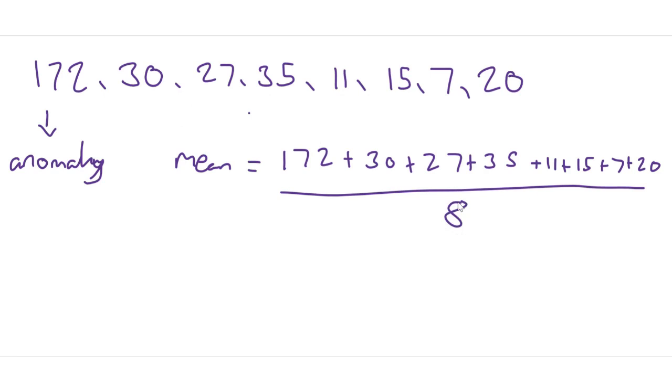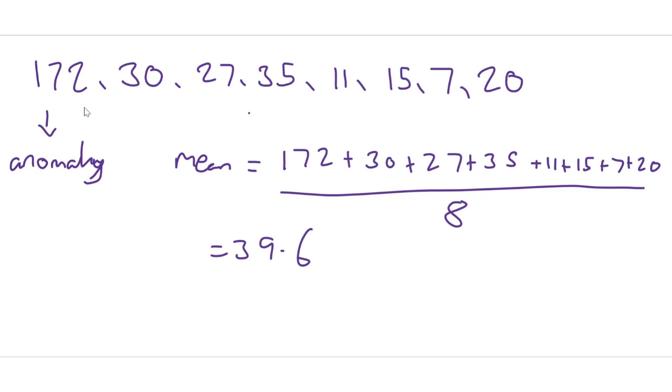If I just calculate that, it's going to be a lot bigger than a lot of the average points because of this anomalous result that's so high that it's dragging the mean up. So the mean comes out as 39.6.